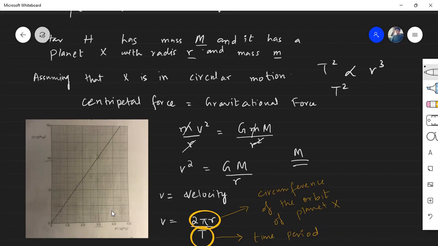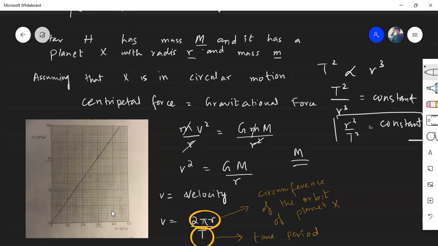This means that T square over R cube should be a constant. And the same goes for R cube over T square. It isn't different, this is the reciprocal, and the reciprocal of a constant is also a constant. So this was the feature in the graph which tells me that in this system we can say Kepler's third law applies.